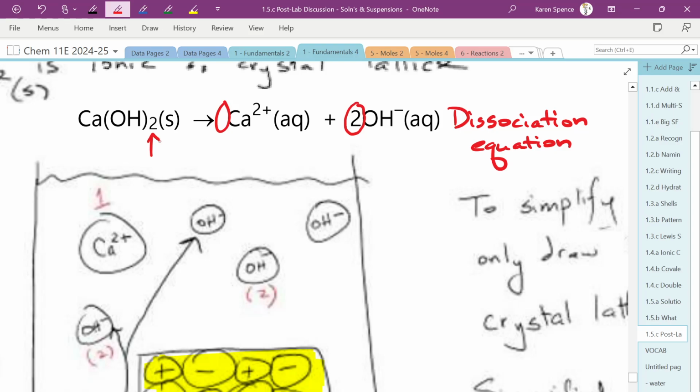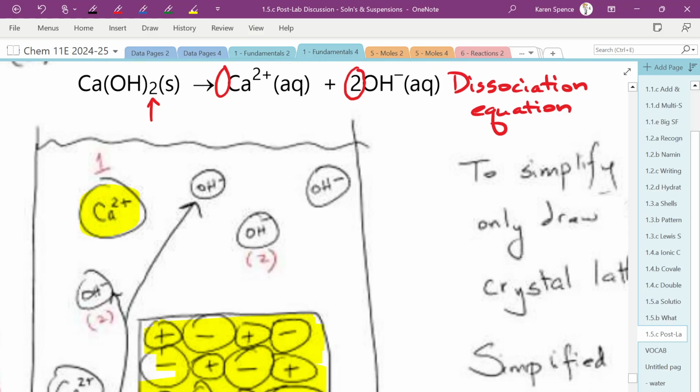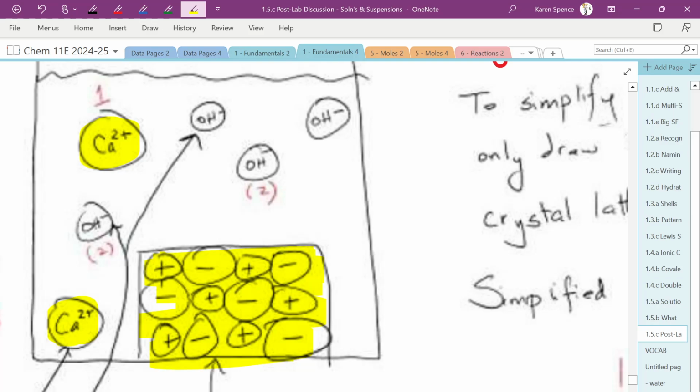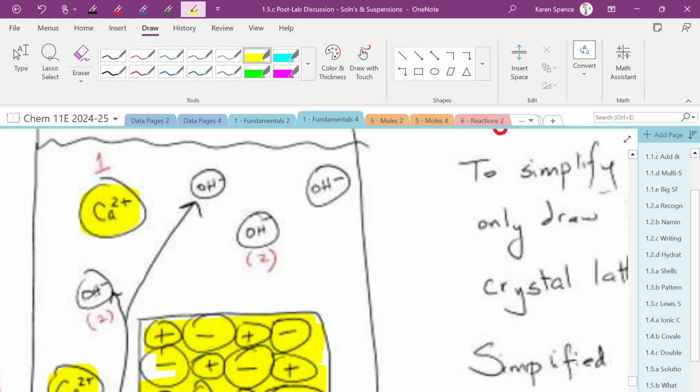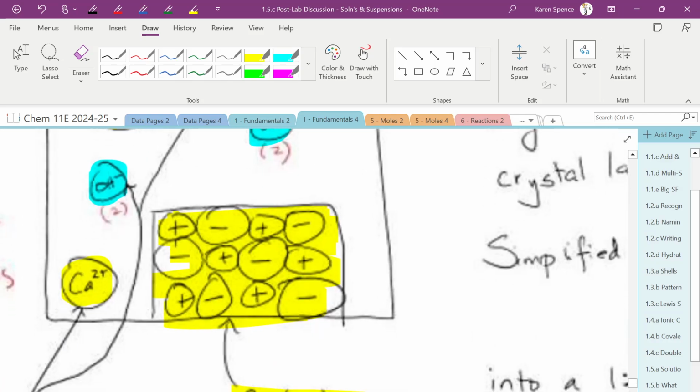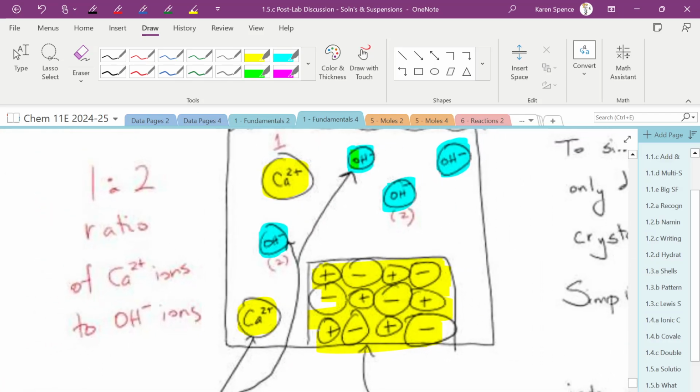So when you draw your saturated solution and you draw some calcium ions and you draw some hydroxide ions, the ratio should be 2 to 1, or 1 to 2, depending on how you want to express it.